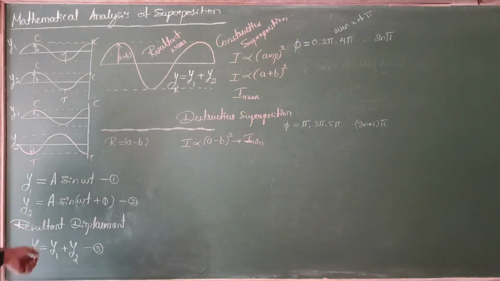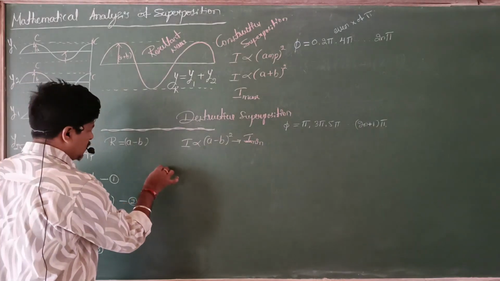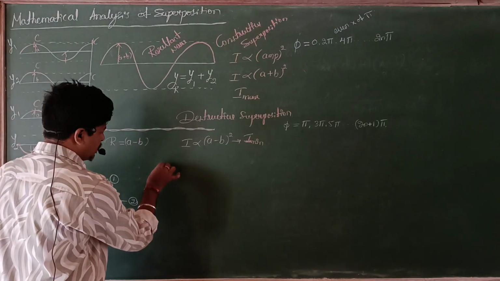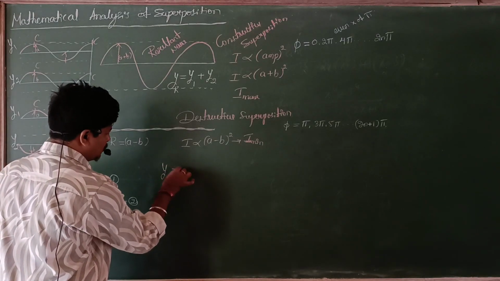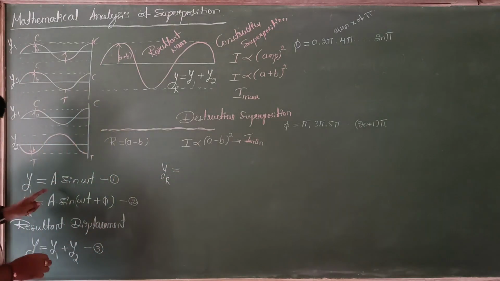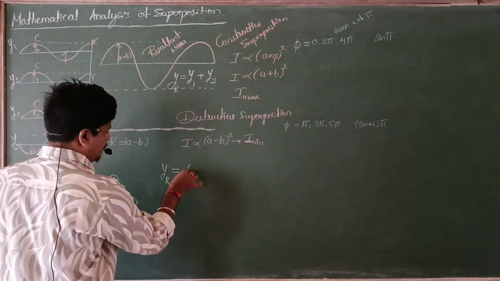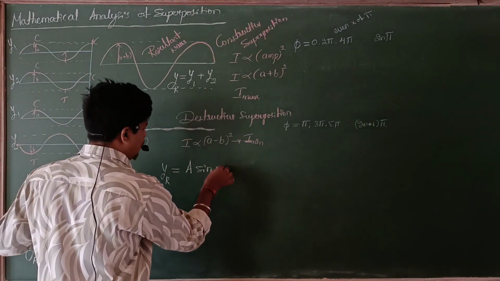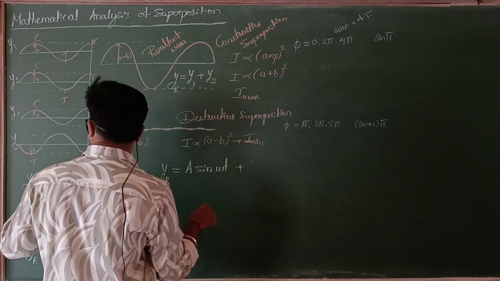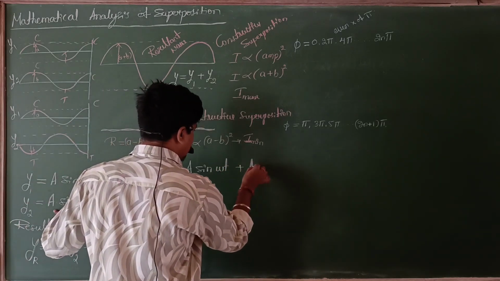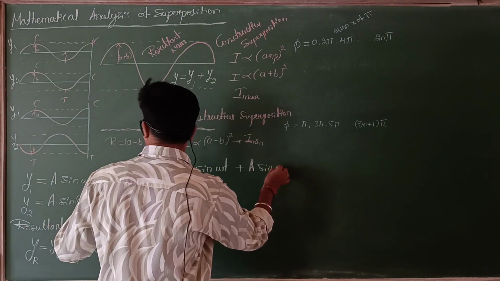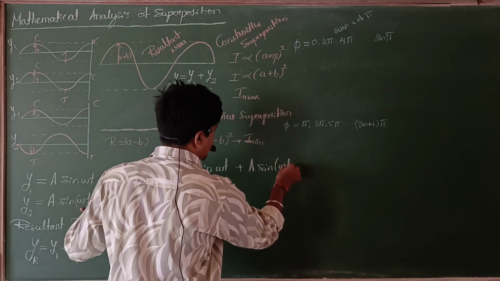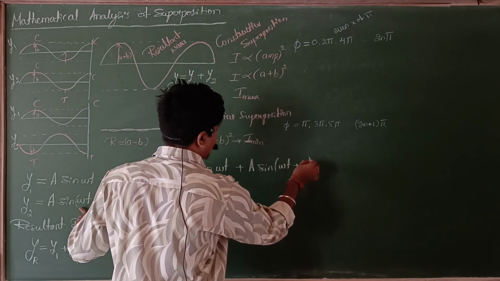So substitute the values of y1 and y2 in equation number 3. Equation 3 becomes: resultant displacement is equal to, the expression of y1 is a sin omega t, plus y2 is a sin (omega t plus pi).